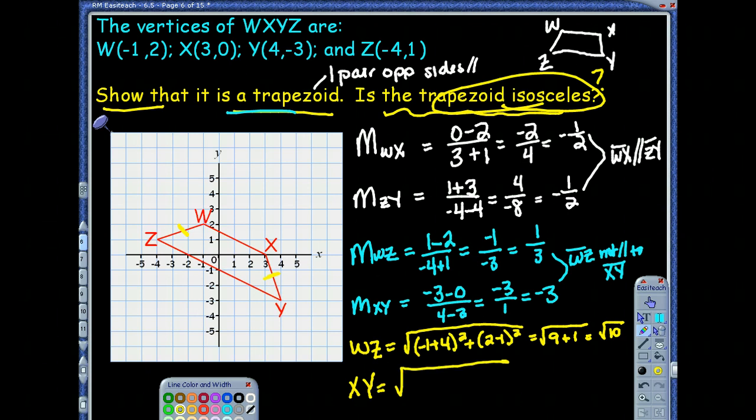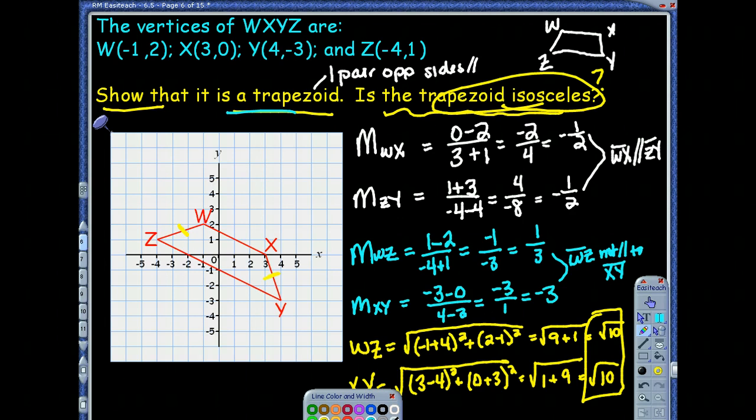So XY is going to be 3 minus 4, that quantity squared, plus 0 plus 3, quantity squared. So that's going to be 1 plus 9, so the square root of 10. So is that trapezoid isosceles? I'm going to say yes. Now what if I said explain?